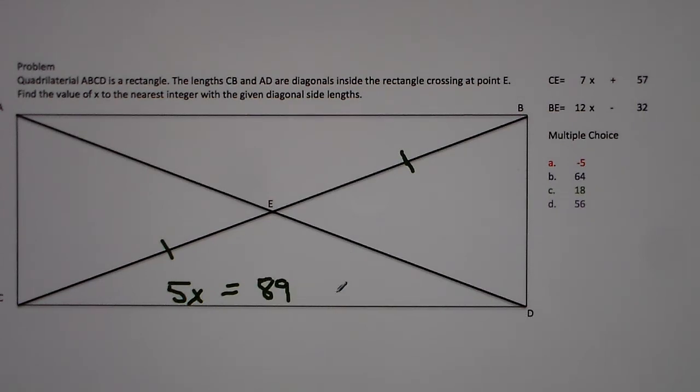We just did that inverse operation, so we set them equal to each other, did inverse operations to get to here. We then divide by 5 to both sides. 89 divided by 5, that's around 18. Let's double check. 89 divided by 5 is 17.8. So, yep, 18.